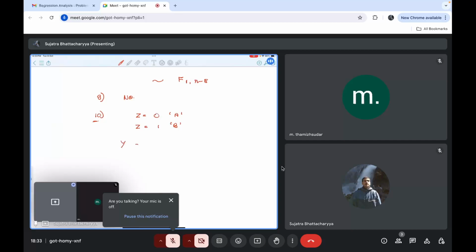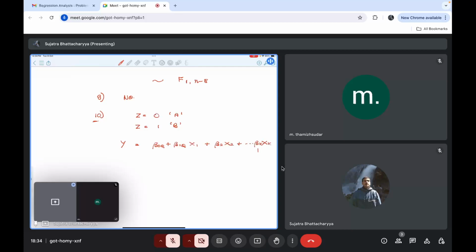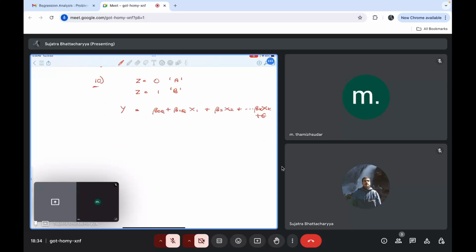So y is given as beta naught some q, beta 1 some q into x1, and all other terms beta 2 x2 plus so on up to beta k xk. This is the model which is given. Now it is given that the effect of x2 to xk is the same for both factories. So here we don't need to use any dummy variable. It's the same for both factories.